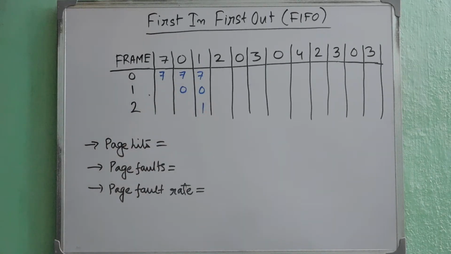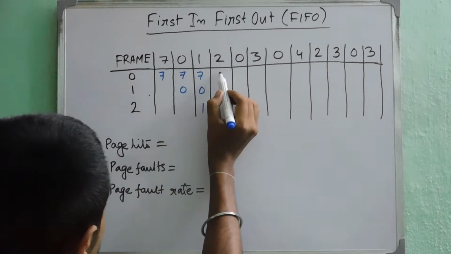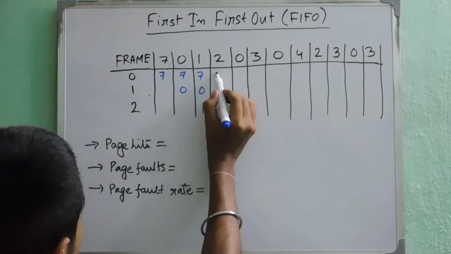So the first 3 pages will be allotted without any problem. The problem will arise for the 4th page, because there is no place for it. So we have to replace a page. Now you can see that 7 has been there for the longest time, so we will replace 7 and allot the frame to 2.